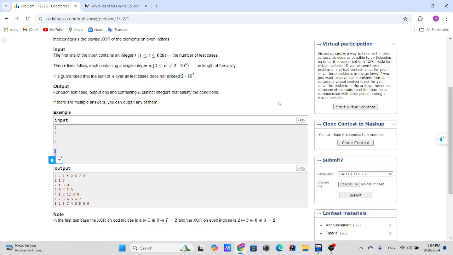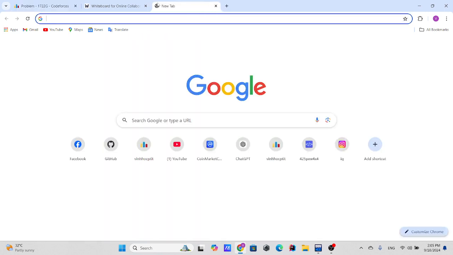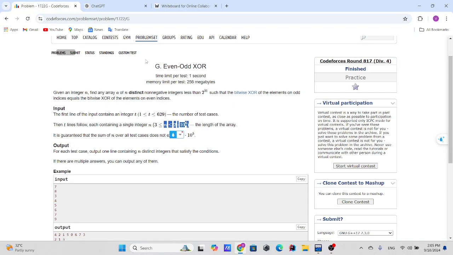What can we actually do here? Let me think about this one. Let me see what is 10 to power 31.